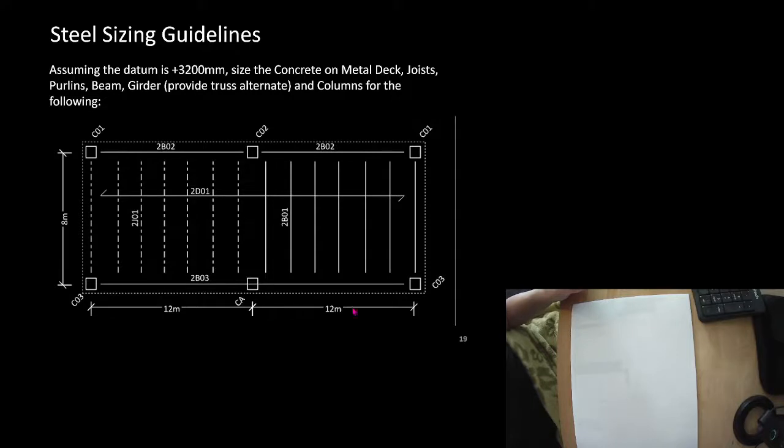So this is 24 meters, and we've got how many gaps or how many spans? 1, 2, 3, 4, 5, 6, 7, 8, 9, 10, 11, 12, 13. So how far does the deck span? Well, each one of these gaps is 24 divided by 13, and that's the span length. So let's take a look at our metal deck calculation here.